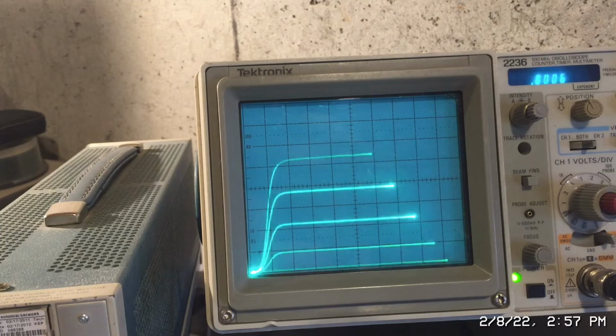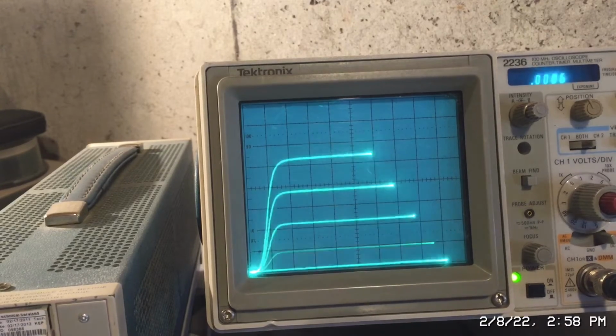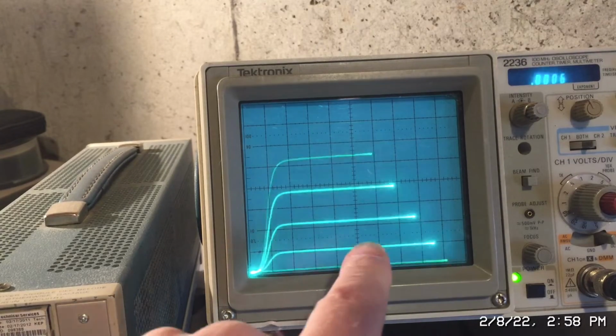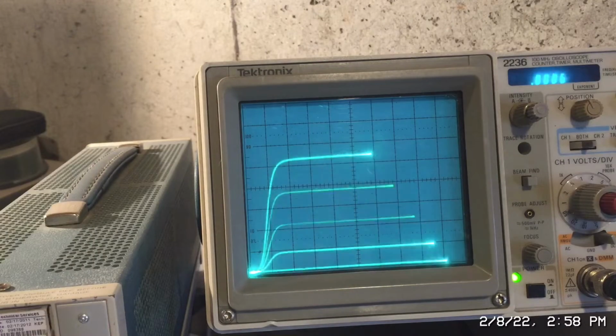Okay, so here, this is our baseline. You can see, for 40 microamps the collector current is high, and here for 40 microamps, well, let's measure it. I'm now on 1, 2, 3, 4, 5. Let's just call it 5.5, just to round it off.